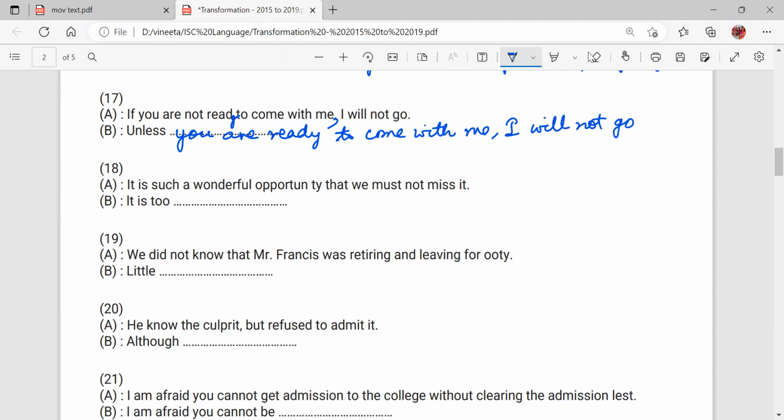Now, always remember, unless means if not. Unless is a negative word and it means if not. So here it was given, if you are not ready to come with me. Unless you are ready to come with me. You will not put not here, because unless means if not. I hope it is clear.